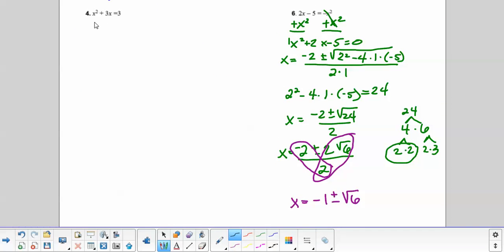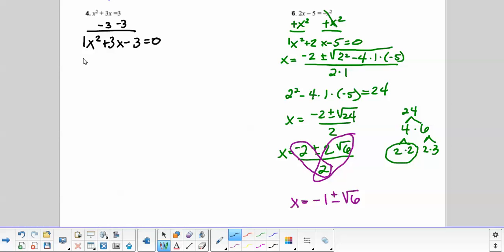Alright, and in problem 4, I need to start by making one side 0. So I'm going to subtract that 3. And I have x squared plus 3x minus 3 equals 0.